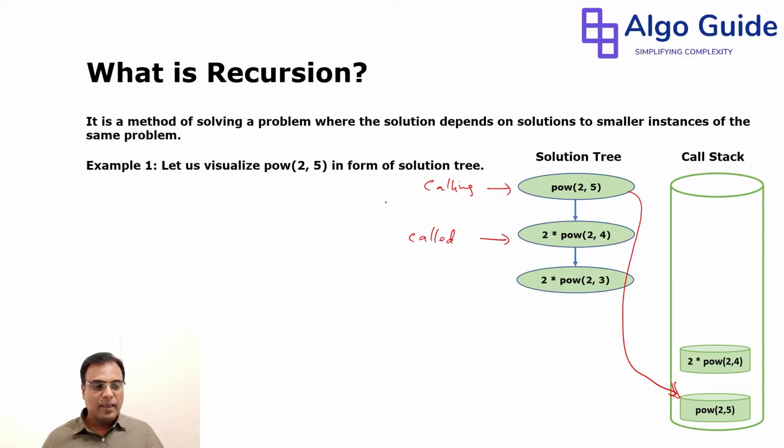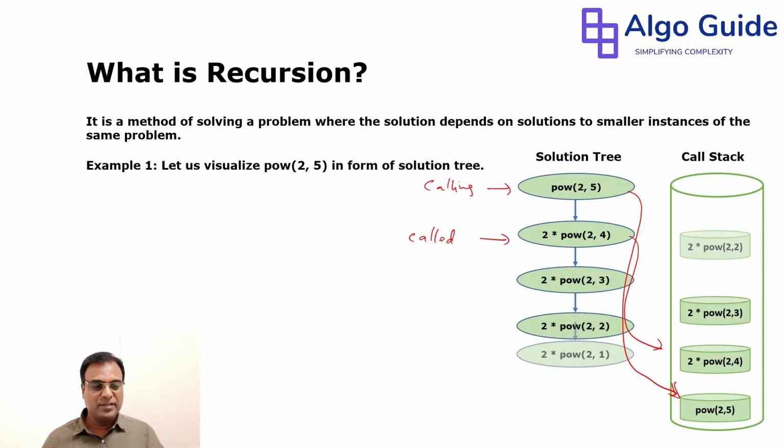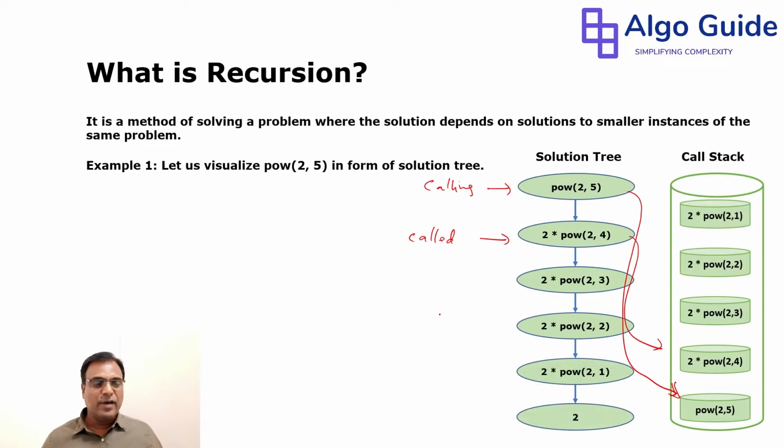And this is now pushed into the stack. So this process repeats till the value of n is 1. So when the value of n is 1, this forms the base case, and this 2 is returned at the place where it is called. And once it returns the value 2, this function is removed from the call stack.